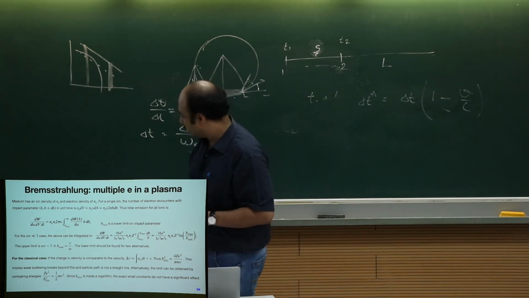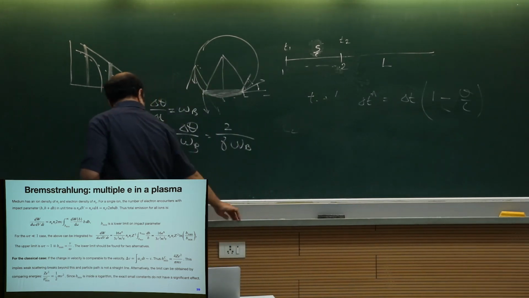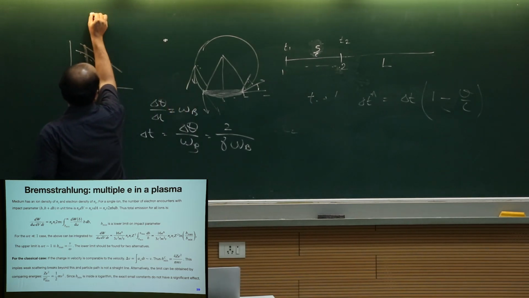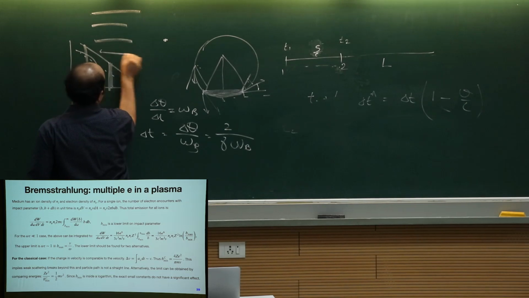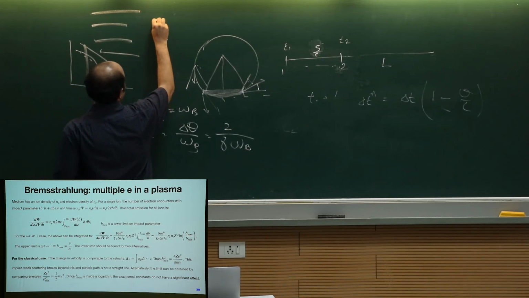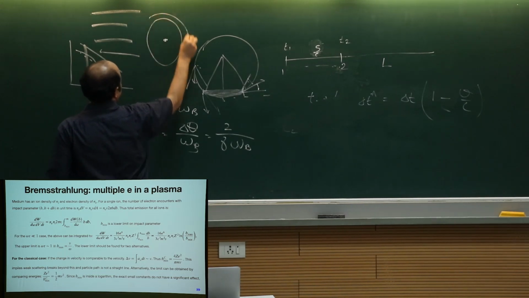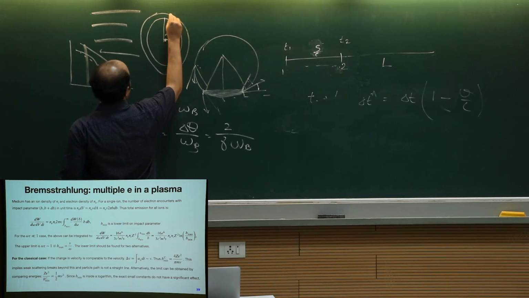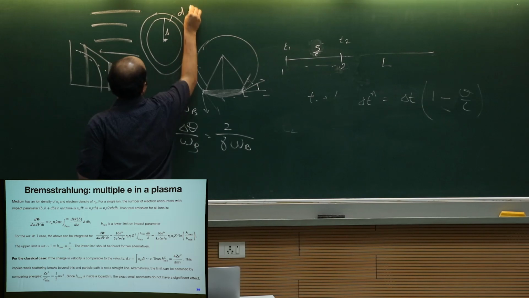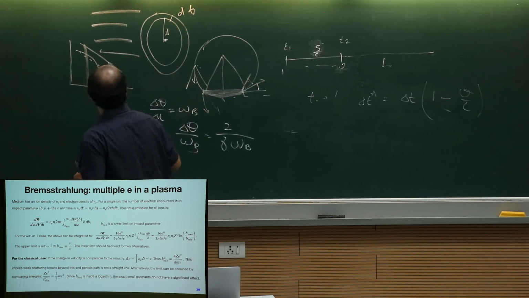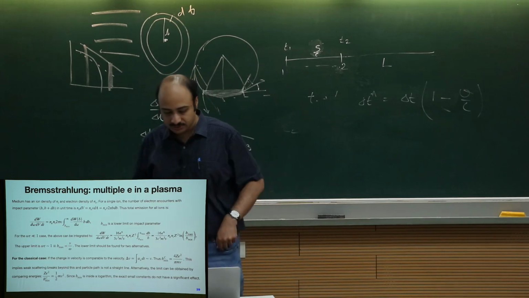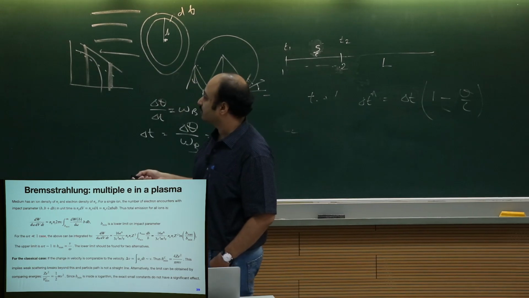Essentially it's a system like this: one charged particle here, all the electrons passing. So we take concentric rings, b and b plus db, and then integrate to get the total emission, something like this.